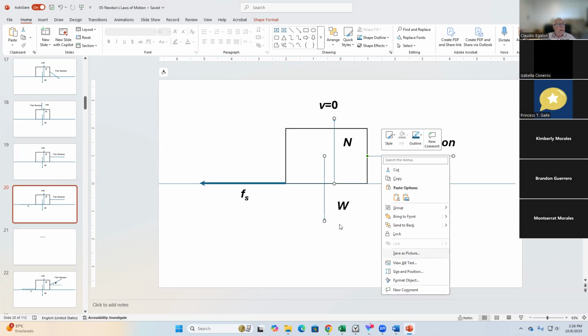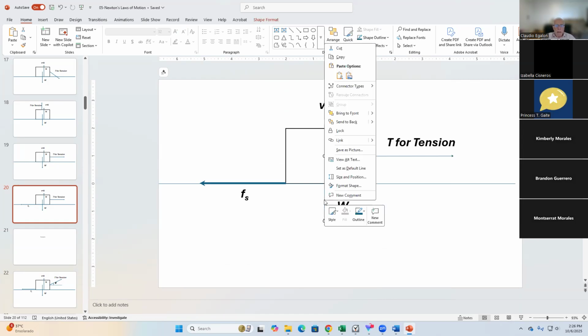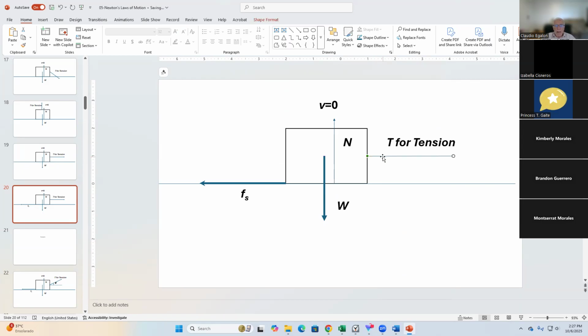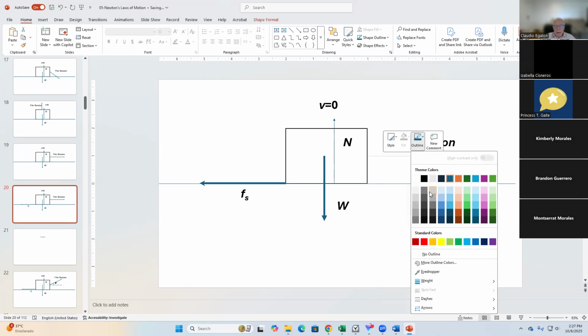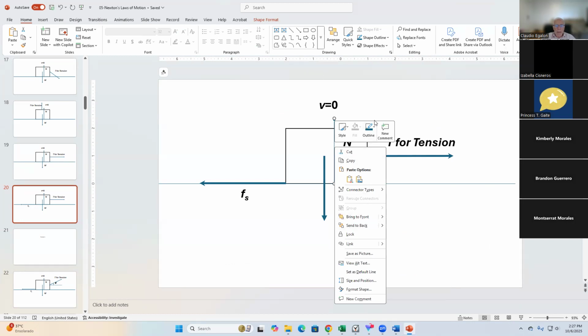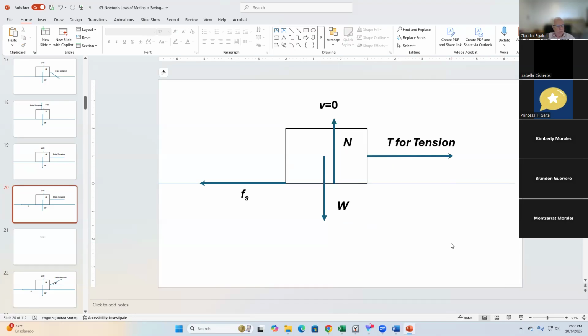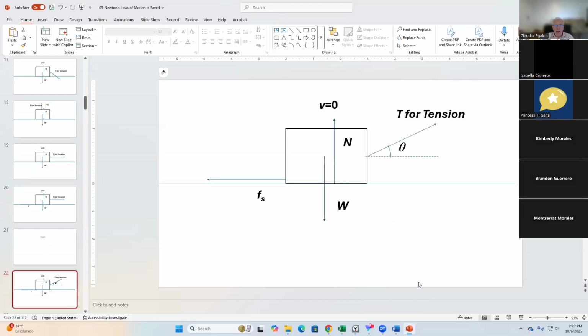Let's make all these forces thicker so they look better. Like that, and this one. So get used to those diagrams, free body diagrams. Here's another example: tension at an angle.